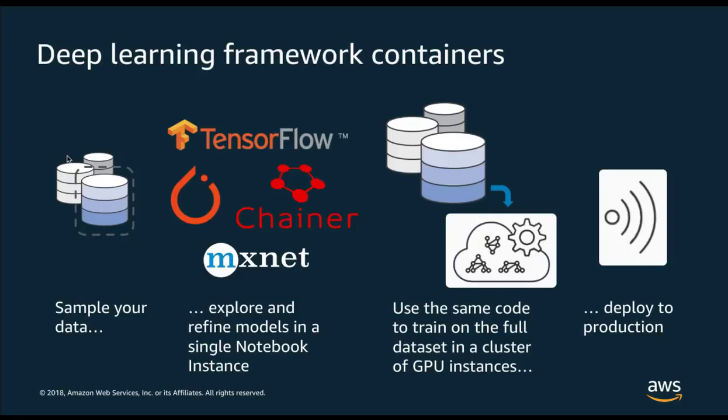So really allowing you to easily scale from one instance to multiple instances. And then once you've trained that model, easily deploy it into production so that you have a high-performance serving environment that you can generate your deep learning predictions from.